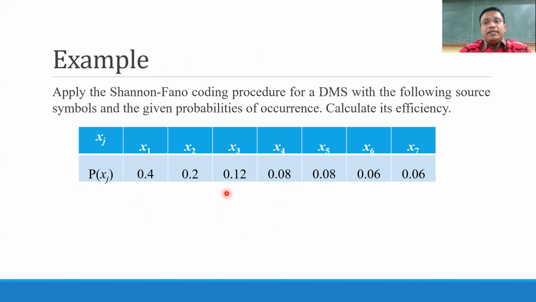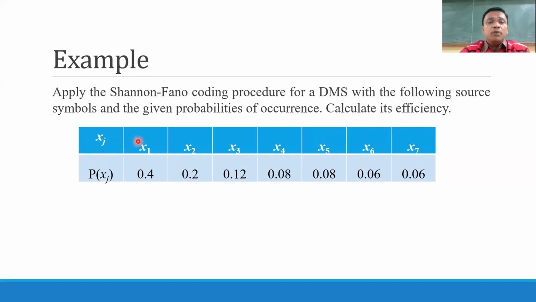So I will give you an example of how to do the Shannon Fano coding. You can see here, it says: apply the Shannon Fano coding procedure for a DMS, a discrete memoryless source, which you have already learned, with the following source symbols and the given probabilities of occurrence, and then calculate its efficiency.